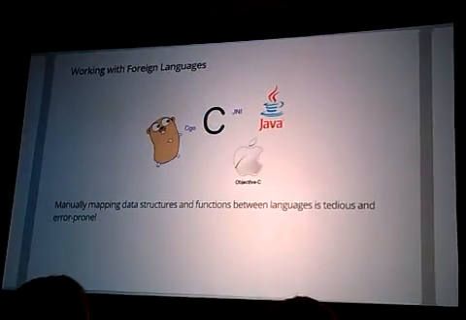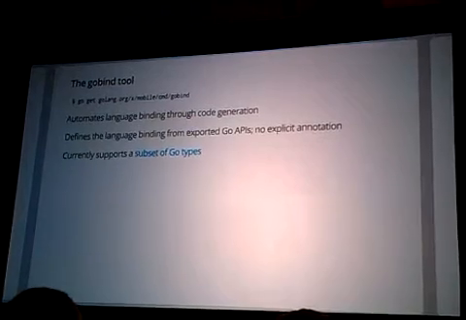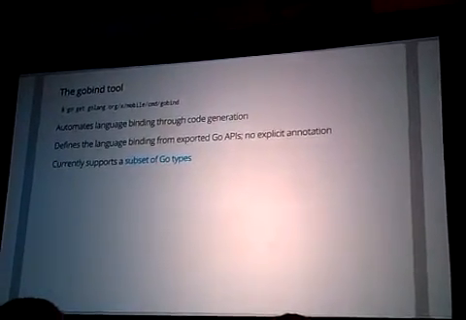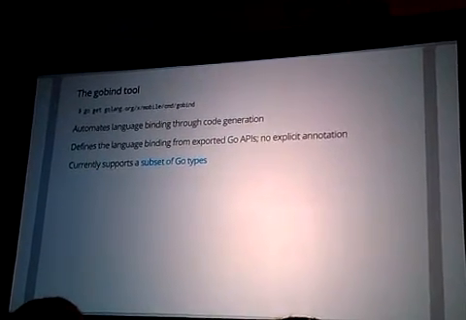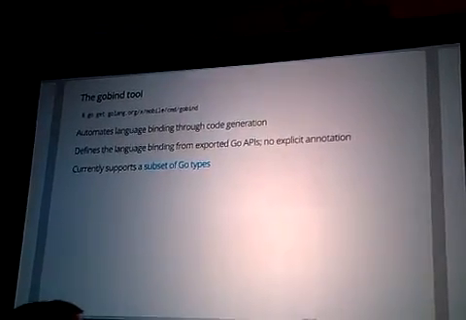So our answer to this problem is a tool, the gobind tool. You can go get this tool, but later I will tell you better solutions, by the way. Basically, the purpose of this tool is to automate language bindings through code generation.